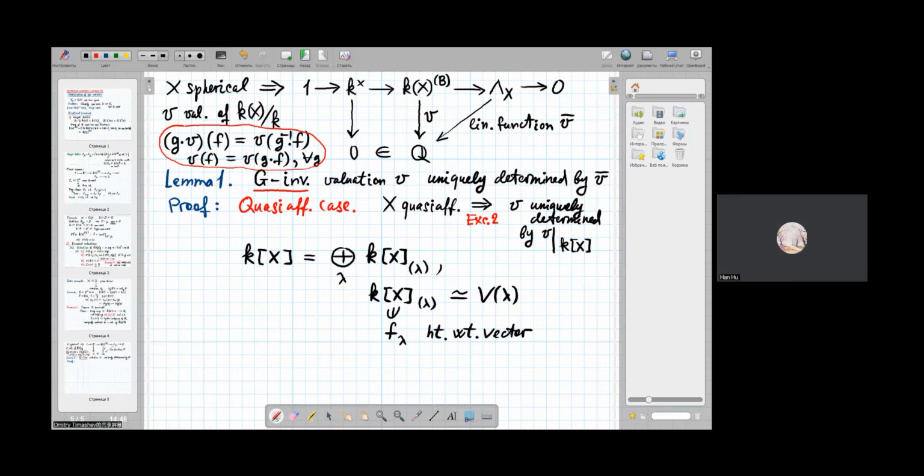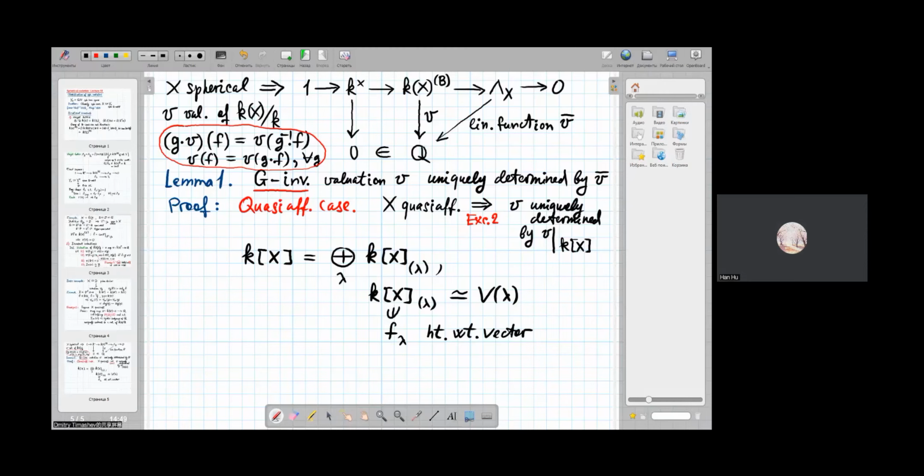So, exercise 2 does not require X to be irreducible? No. X is spherical, and spherical assumes irreducible. X is a spherical variety, which means that it contains an open orbit.